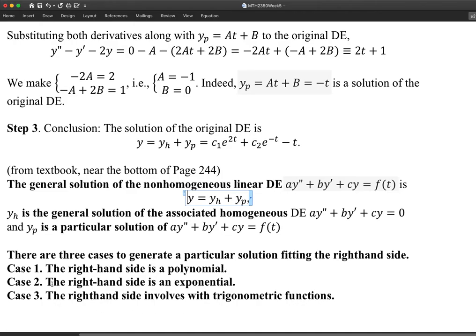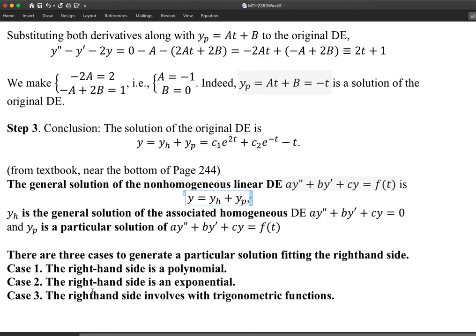And the second case: when the right-hand side is an exponential function, then you are going to assume the particular solution is the same kind of exponential function, but may carry different coefficients.